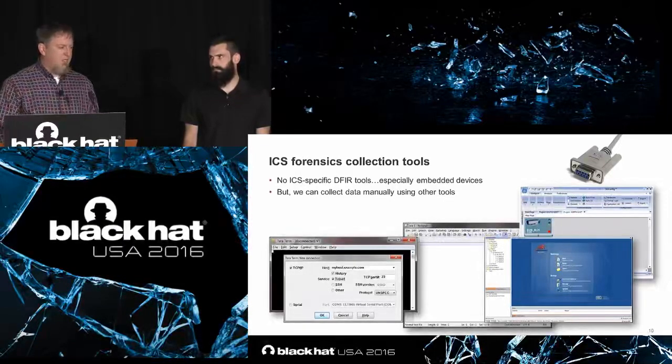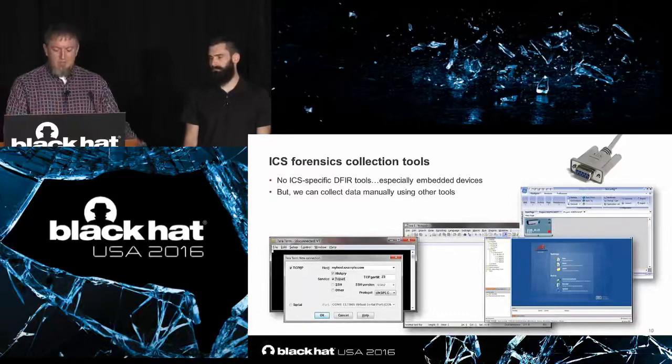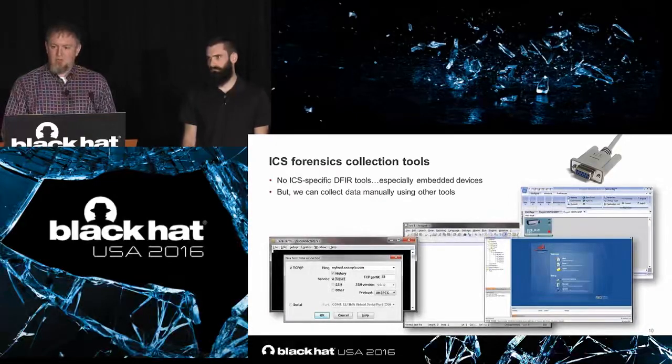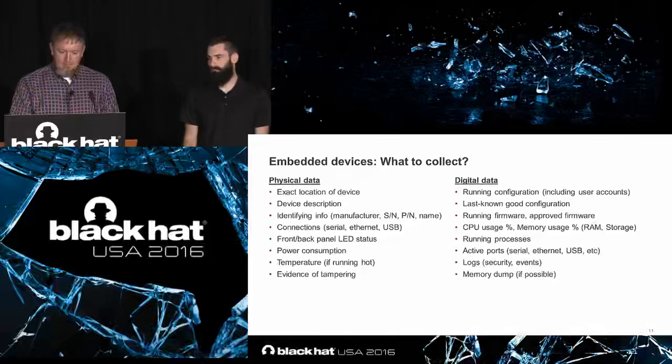So Tera Term or any terminal server, PuTTY, Notepad, looking at configuration files, or you can use the software client. So there's the pictures of GE and Schweitzer's configuration files, and you've got to connect to it with a serial cable. So we have to do a lot of this collection of data with existing tools.